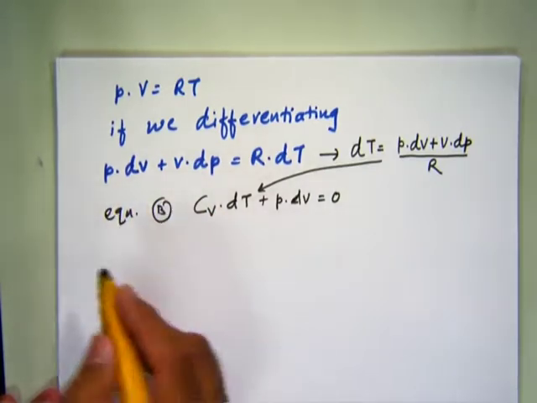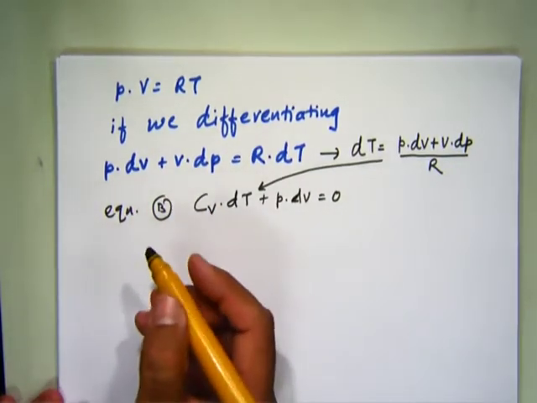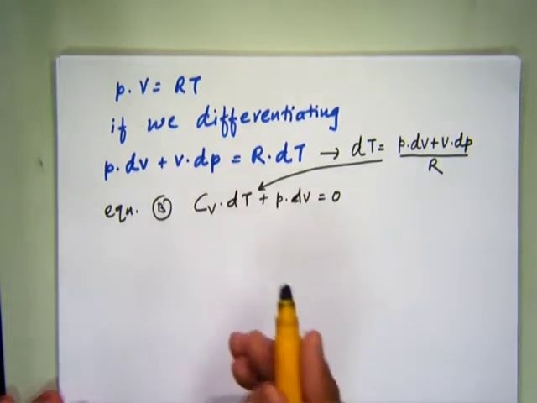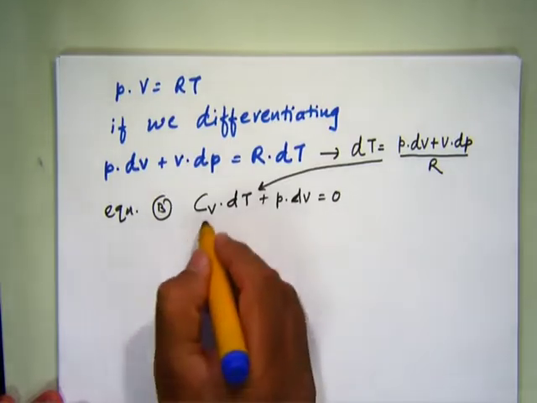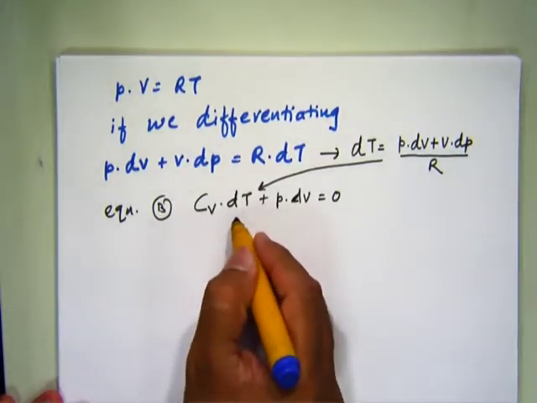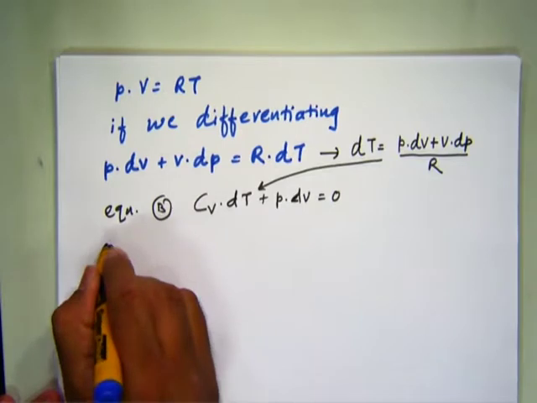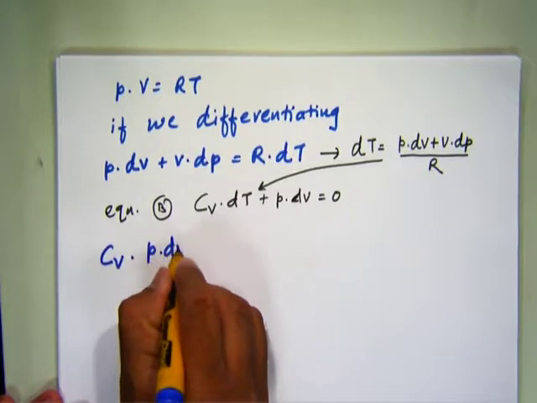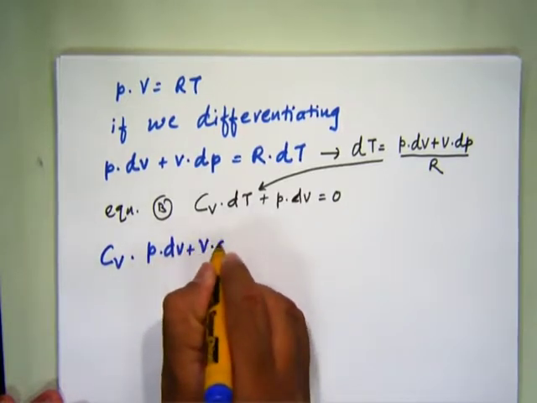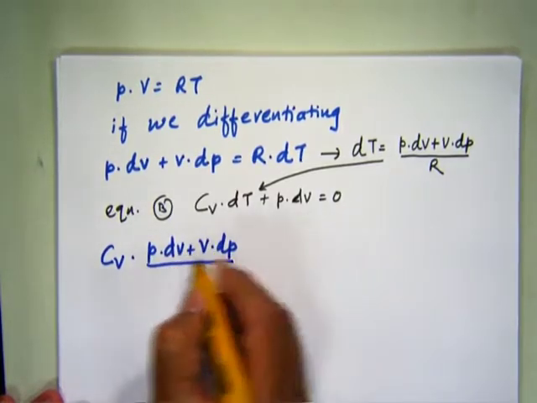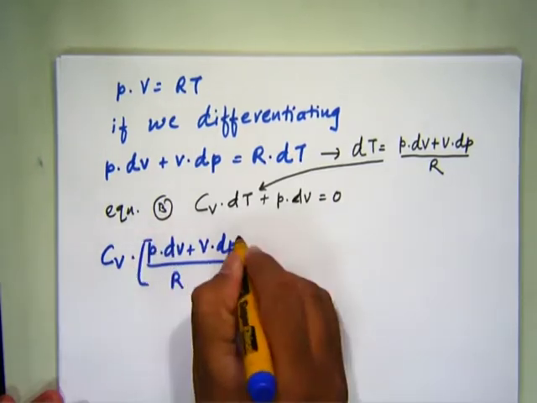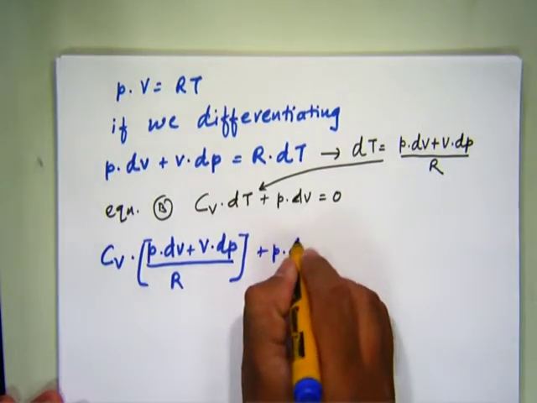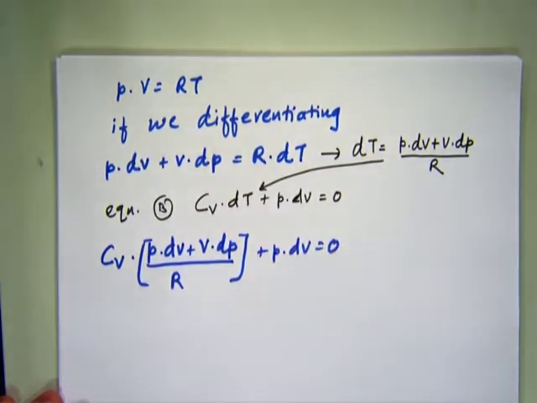So in this equation, you will get Cv into (P dV plus V dP) upon R, this is your dT, plus P dV is equal to 0.